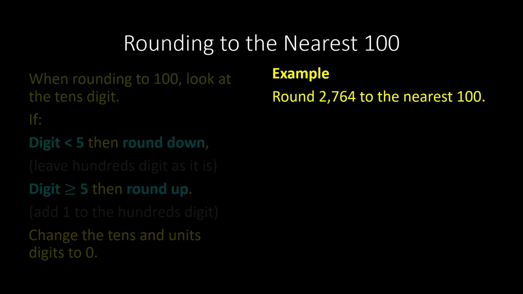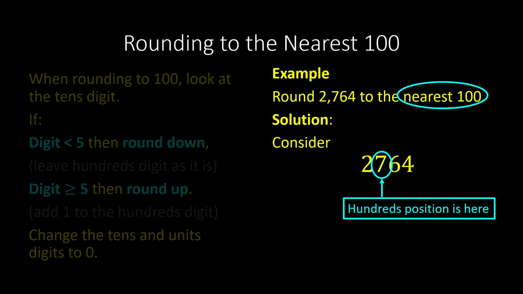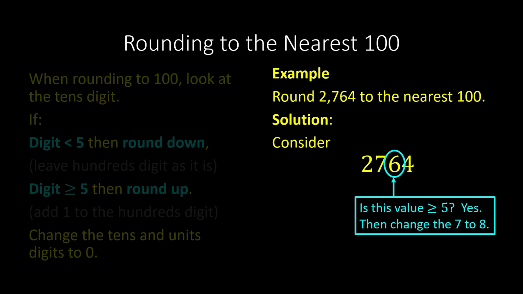Now let's round 2,764 to the nearest 100. So let's consider this number. Here's the hundreds position, and we ask ourselves, is the value in the tens position greater than or equal to 5? Clearly 6 is indeed greater than or equal to 5, so therefore we change the 7 to 8.